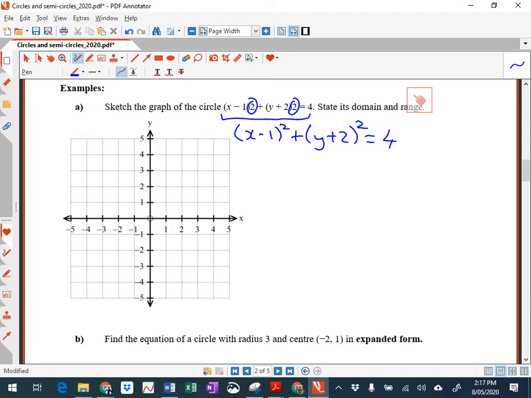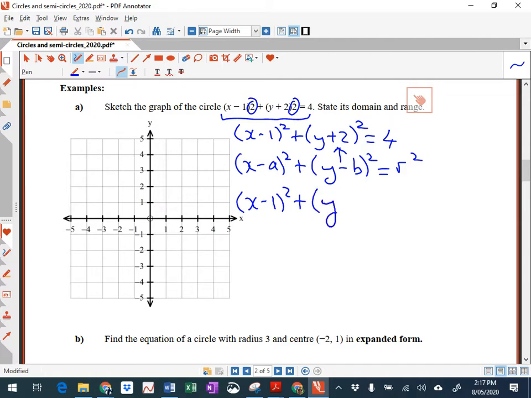Now let's write down the formula for the equation of the circle, equals r squared. You can see that these two don't quite match. There's a plus and there's a minus sign, but we can write the equation so it matches the formula.